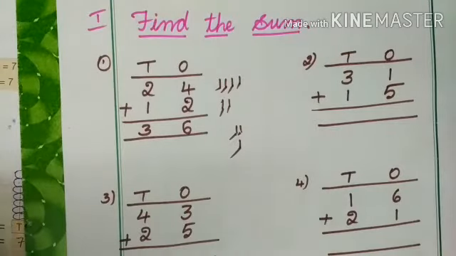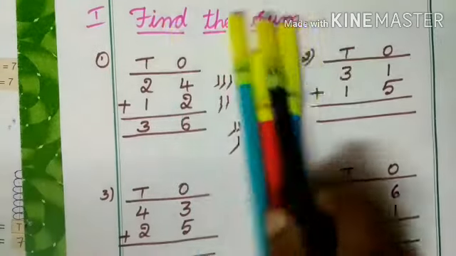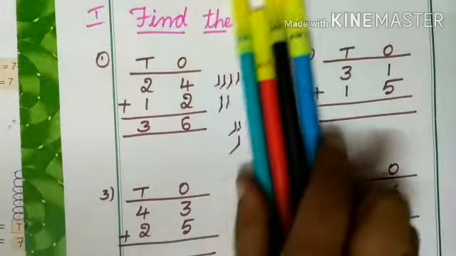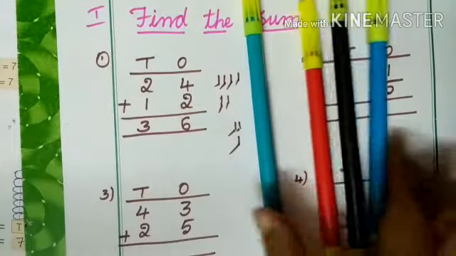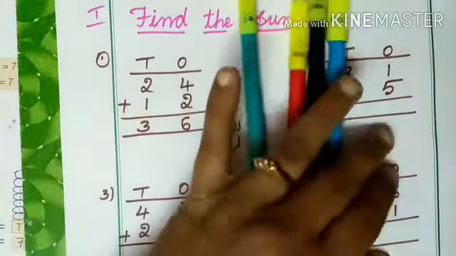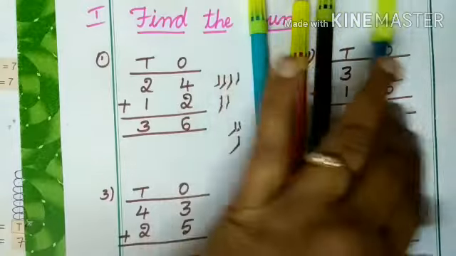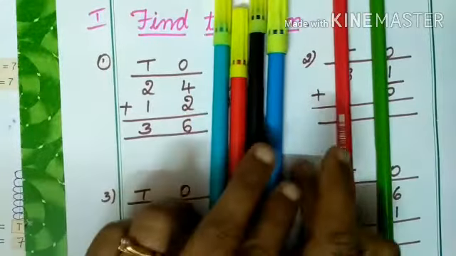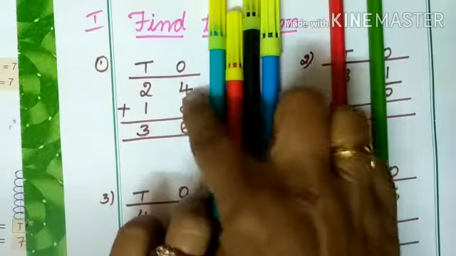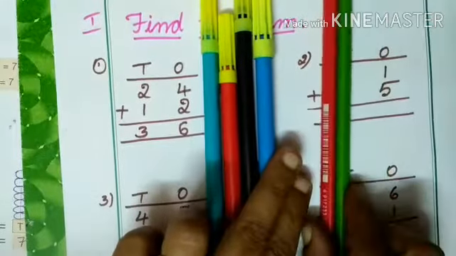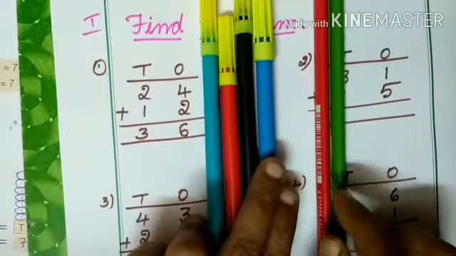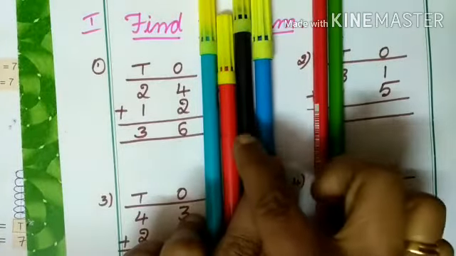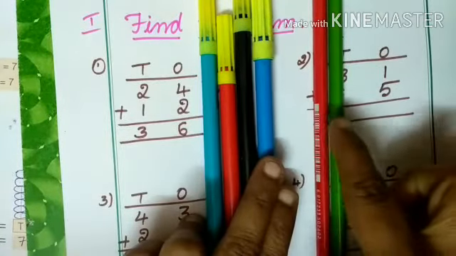I'll show you. Here I have 4 sketch pens and 2 pencils. How many are there total? 1, 2, 3, 4, 5, 6.